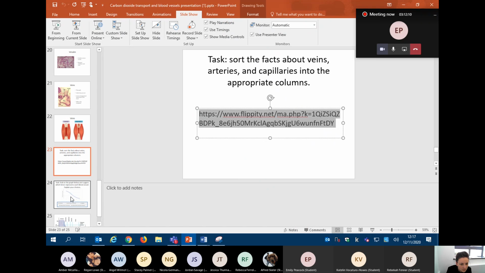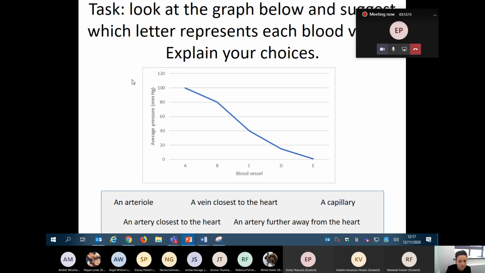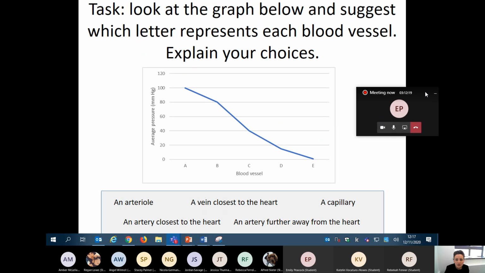So I'm going to go back to my PowerPoint then. Right, so one more task. Here I've got a diagram. So here I've got pressure, right? You can see it's increasing from 0 towards 120. And then the letters represent blood vessels. So A, B, C, D, and E are these terms at the bottom of the screen, right?